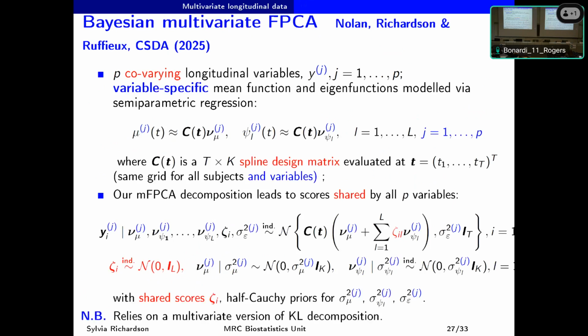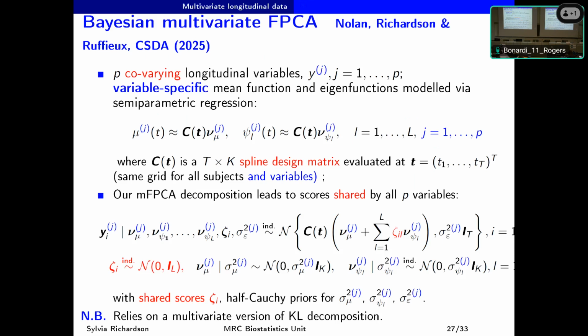So I've got this extra index here of which variable. This is quite horrible, but this is the spline basis. So I'm modeling a flexible mean and a flexible shape for each of these eigenfunctions, and there's a simple Bayesian hierarchical model of that.